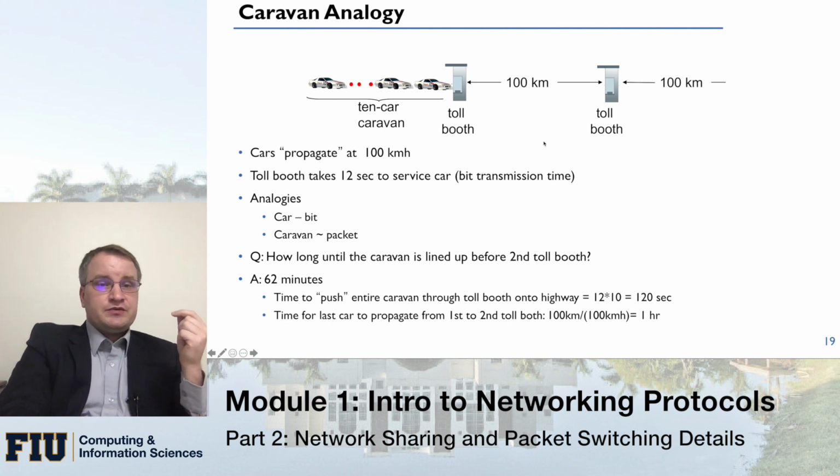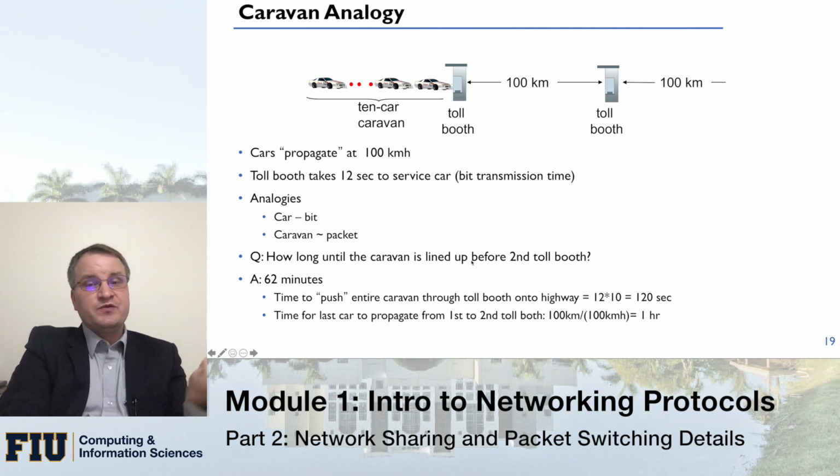If it takes around 12 seconds to service a car, and we ask how long it would be until the car would line up before the second toll booth, we would estimate 62 minutes, because of the time to push the entire caravan through the toll booth onto the highway.